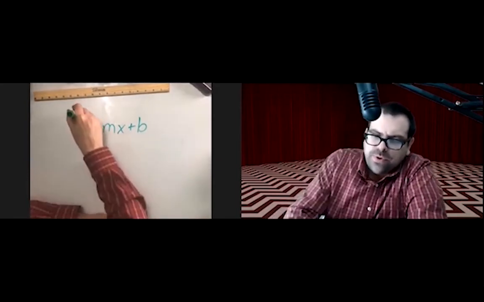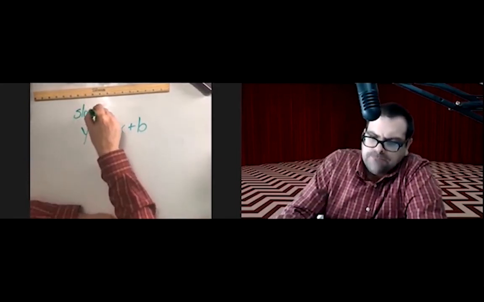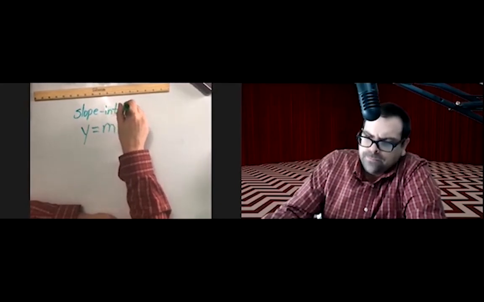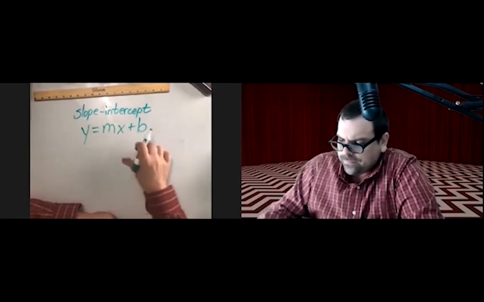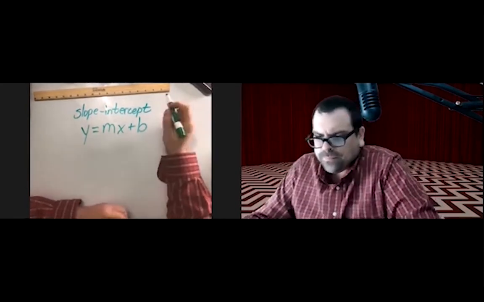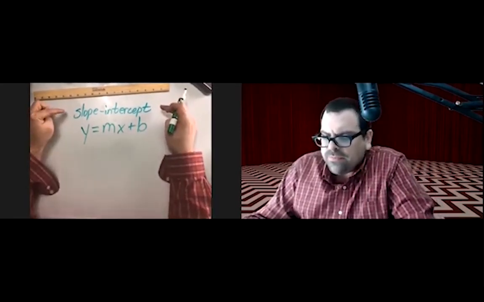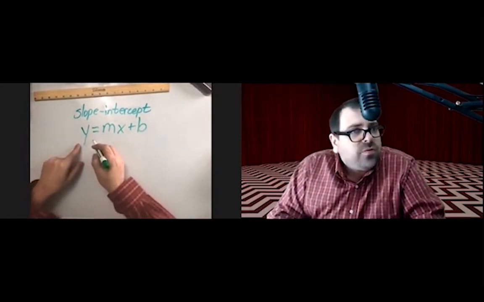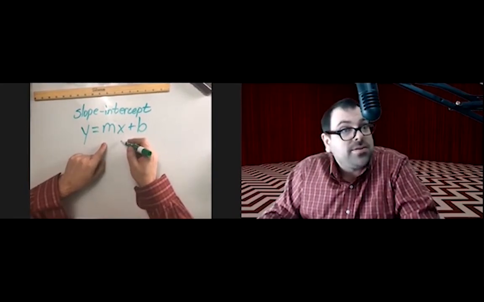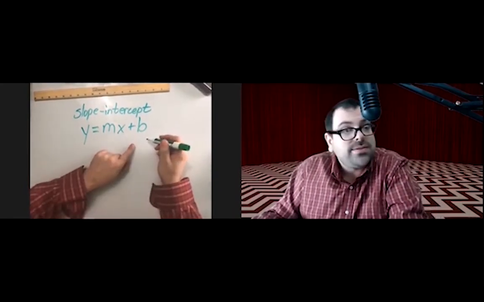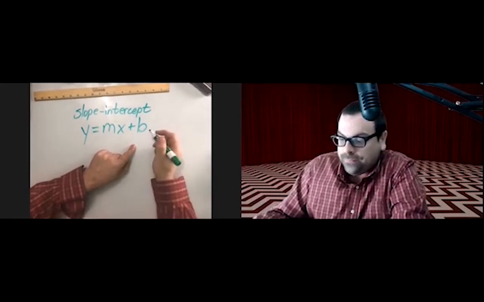So slope-intercept form is solved for y, has an x term, and has a constant term.